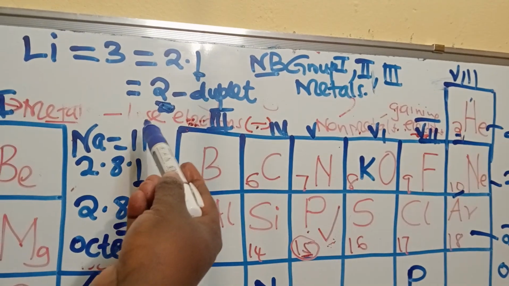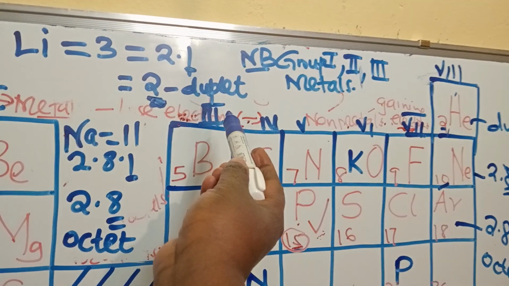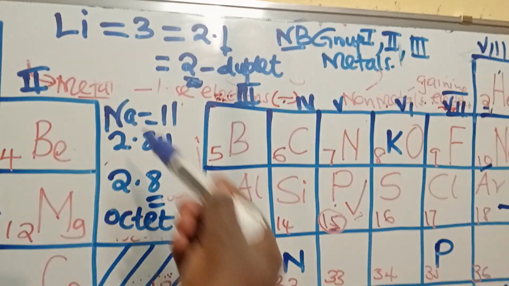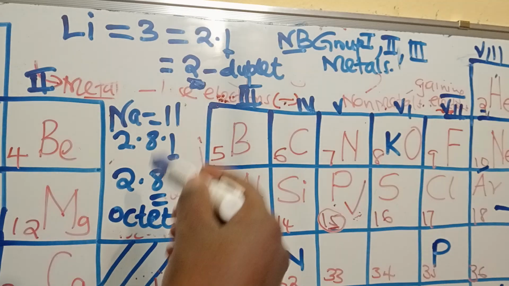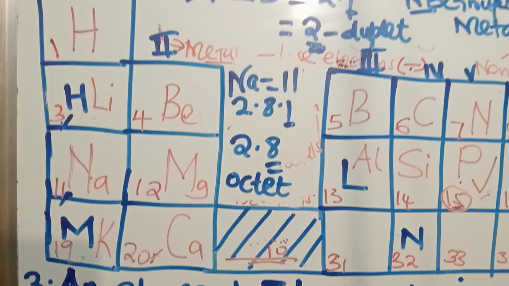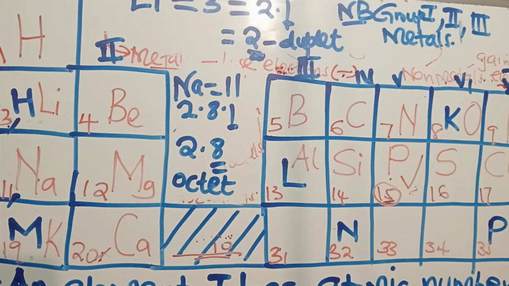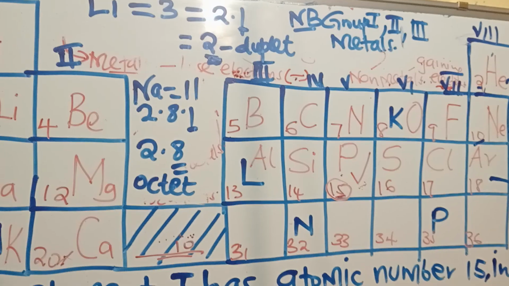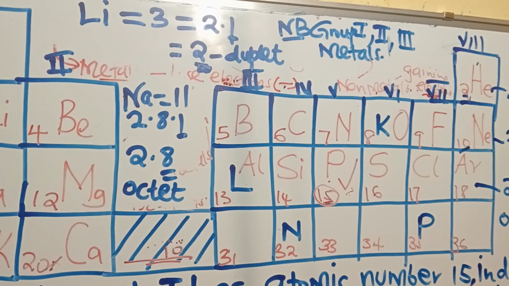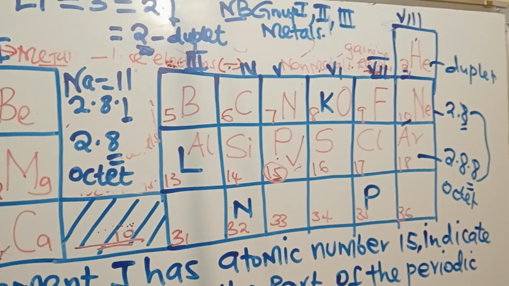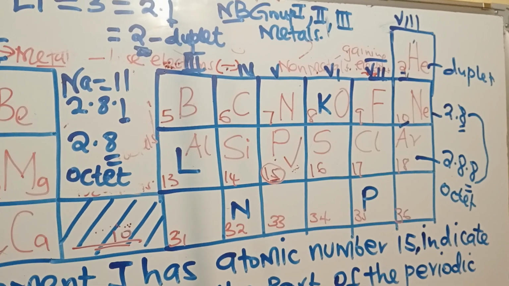It means lithium has acquired a duplet configuration like that one of helium. For the rest, the likes of sodium in group 1, the likes of potassium, which will also have 1 in the outermost energy level, once it loses the 1, it will have 8 in the outermost energy level. It will also have an octet configuration.